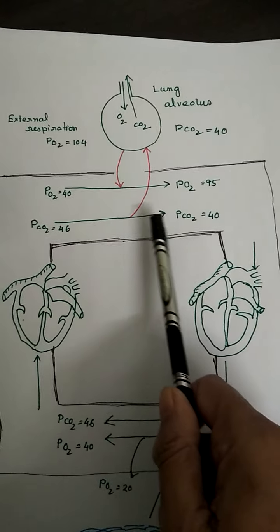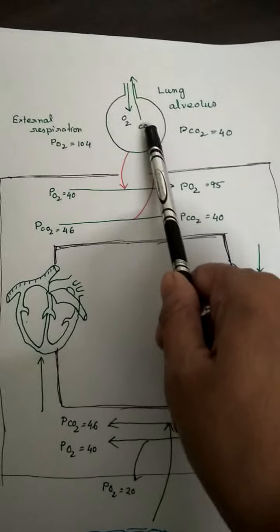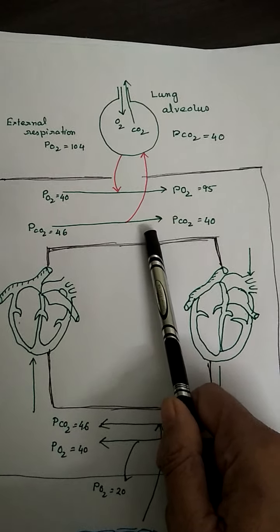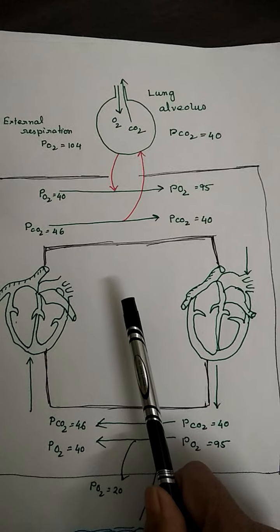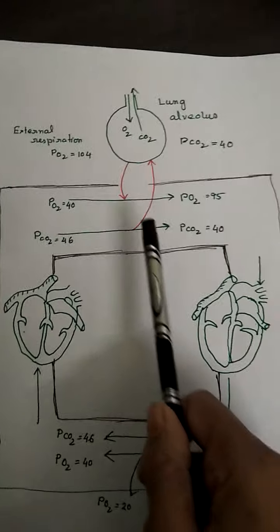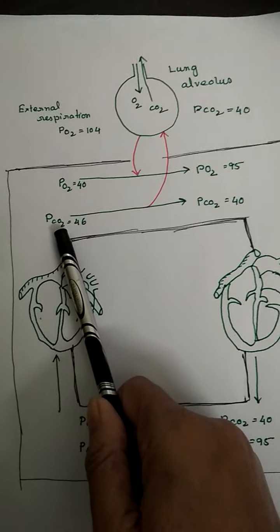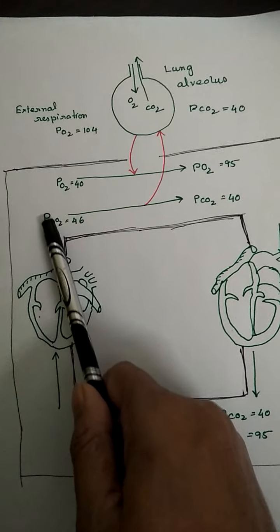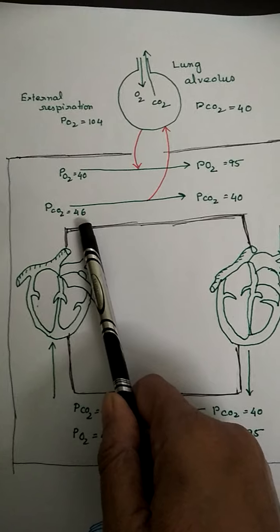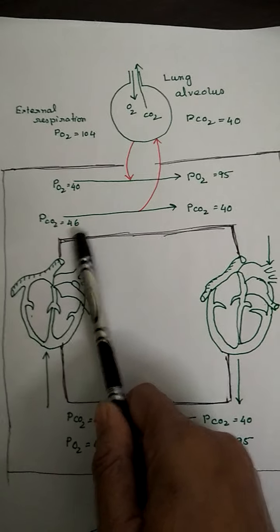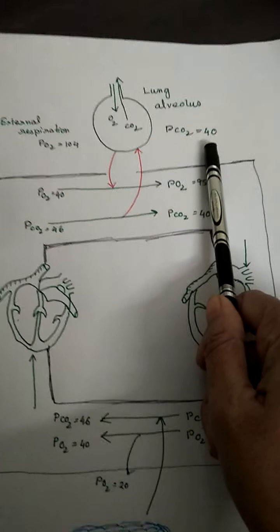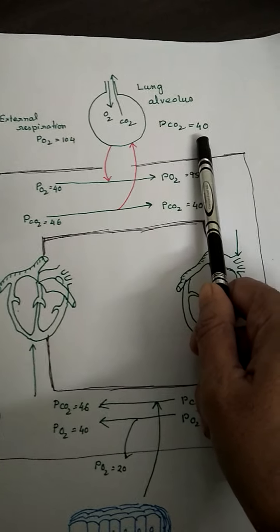Now, the uptake of carbon dioxide. The partial pressure of carbon dioxide of the venous blood entering the pulmonary capillaries is 46 mm Hg, while that of the alveolar sac is 40 mm Hg.